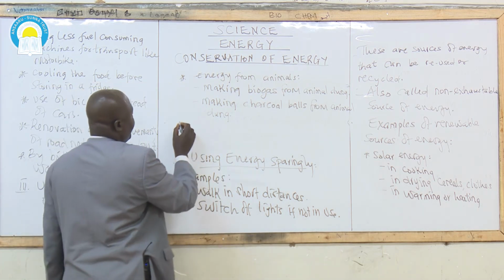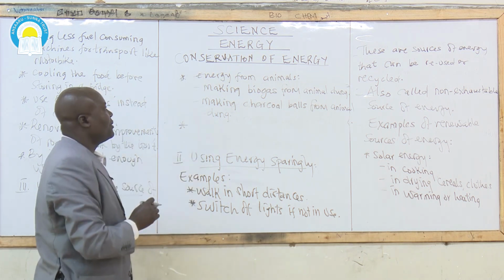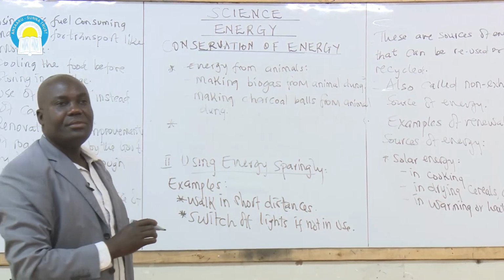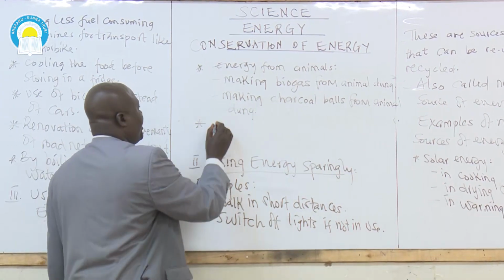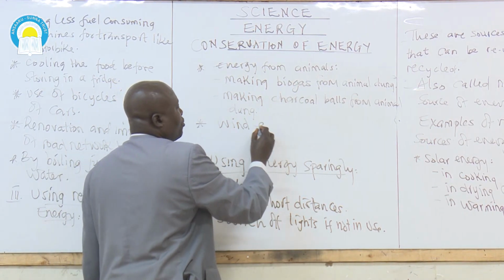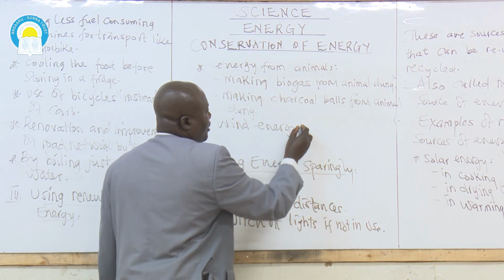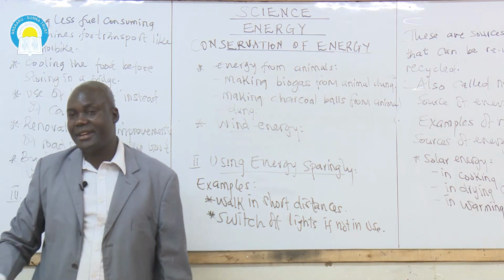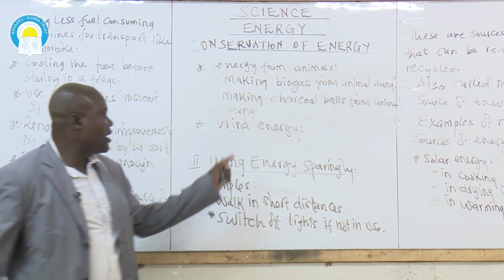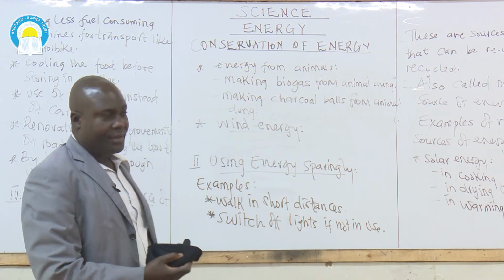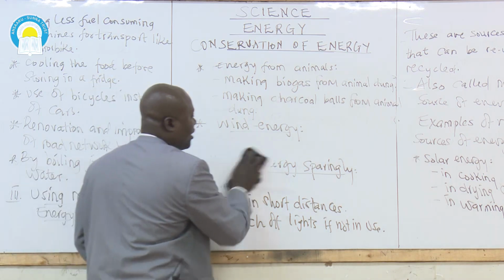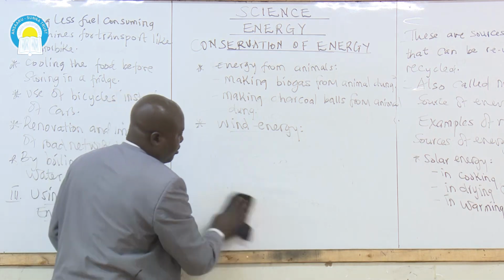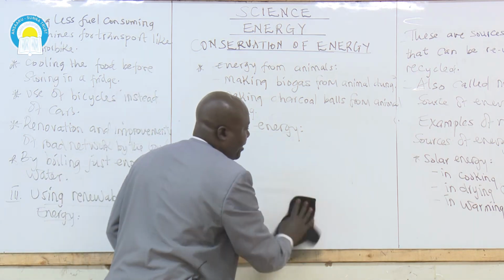Then number 3, we can also use energy under renewable from wind. Wind energy here is very, very important. Many countries in the world make use of wind to produce energy, because some of them maybe are not connected to hydro or to nuclear power plants.